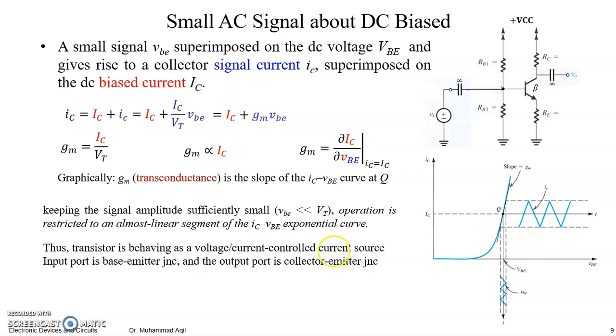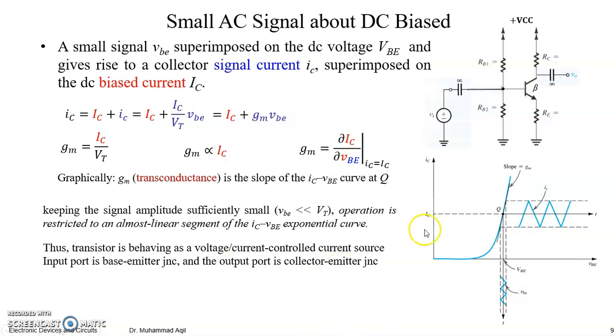What is the meaning? I will tell you. First, let me complete this sentence. Understanding it will be explained later, right? Input port is the base-to-emitter junction. Obviously, for common emitter, the base is the input port with respect to the emitter, and the output port is the collector with respect to the emitter, right? You have a common emitter configuration.